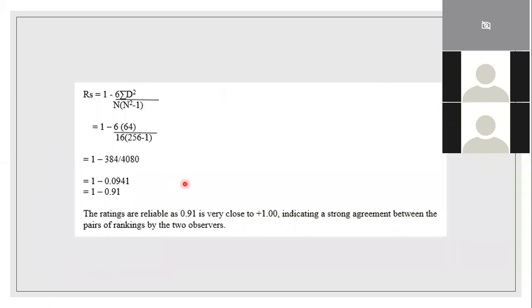So in terms of the calculation, we see again it's 1 minus everything on this side of the formula: 6 times the sum of these squared divided by n times n squared minus 1. In this case, the sum of these squared turned out to be 64, so it's going to be 6 times 64. And in this case, we have 16 pairs of values rather than 15.